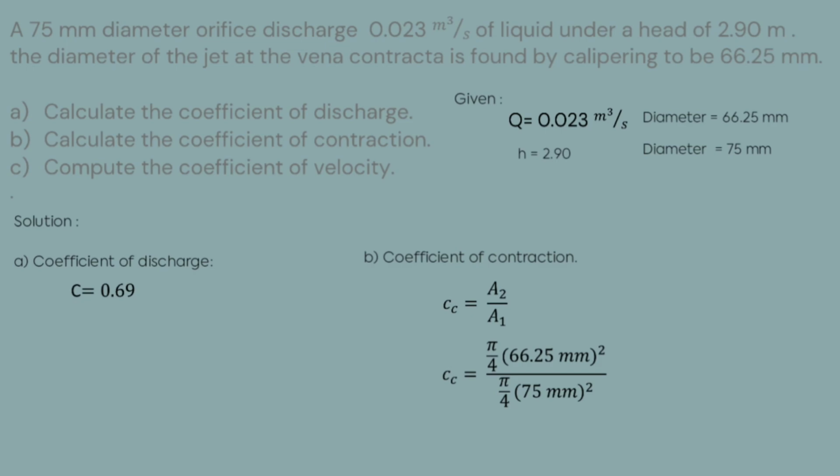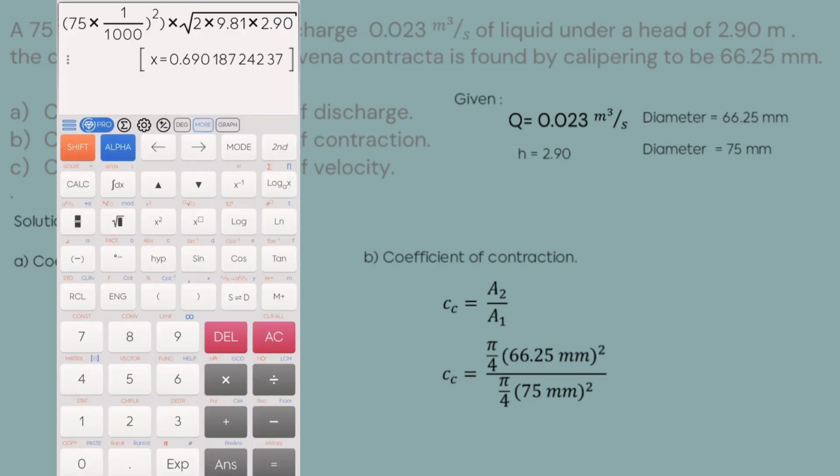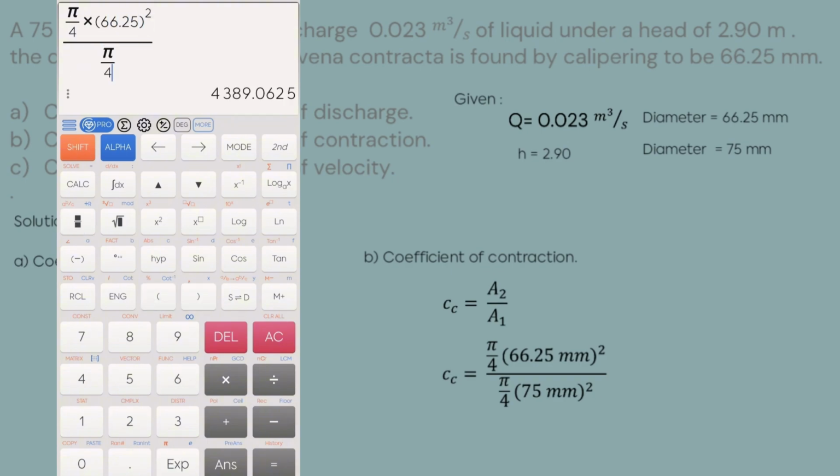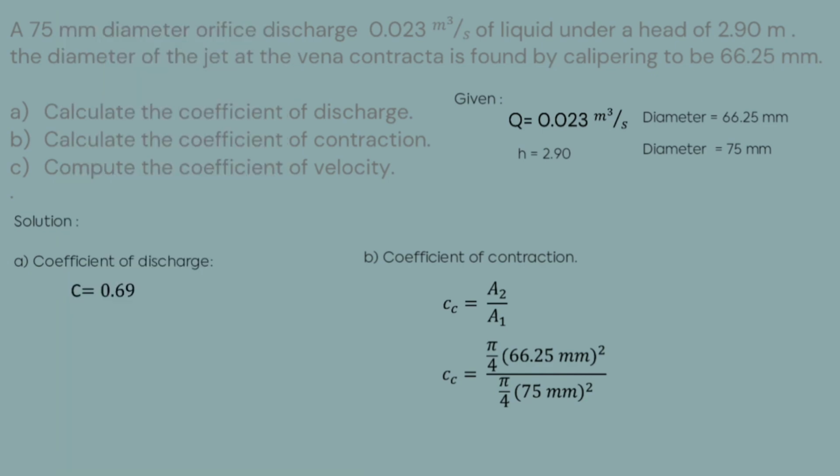And our area 1 is pi over 4 multiplied by the diameter of the orifice, which is 75 millimeter squared. So using our calculator, the coefficient of contraction is 0.78.